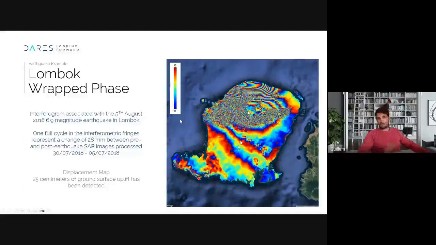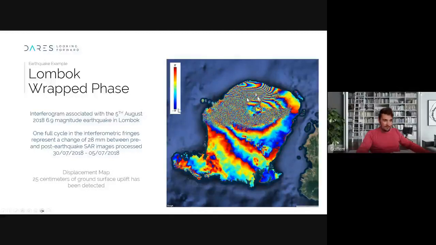So without knowing anything, you can expect that the epicenter of the earthquake could be somewhere where the fringes are closer to each other, because here is where we have the larger displacement. And remember, this means that from red to blue, if we are working with Sentinel-1, we have 2.8 centimeters.